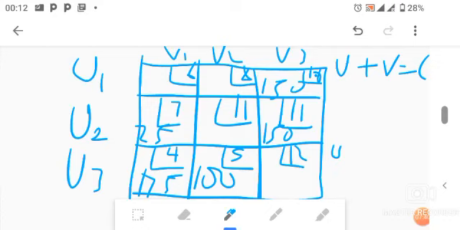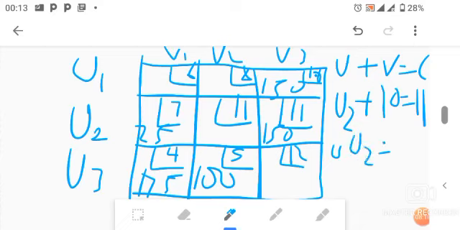That is the only way, because our prime focus to get the u values and the v values is on the boxes that are allocated. v3 has already been found; if you rewind, we found it as 10. Following the formula, u2, which we don't know, plus v3, which we know is 10, is equal to the cost in the box which corresponds with v3 and u2. That box has a cost of 11. So if you change the subject of the formula, you'll find that your u2 value is equal to 1.